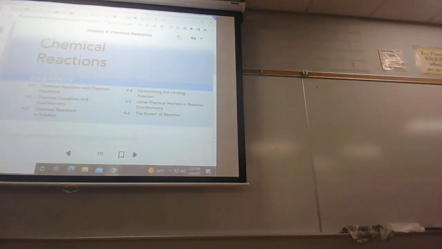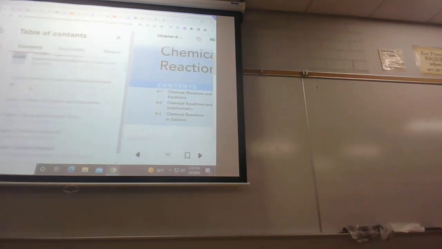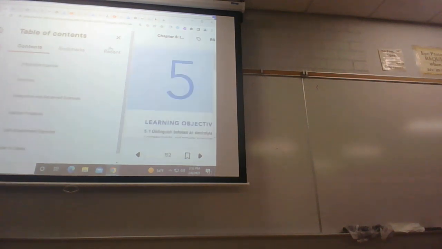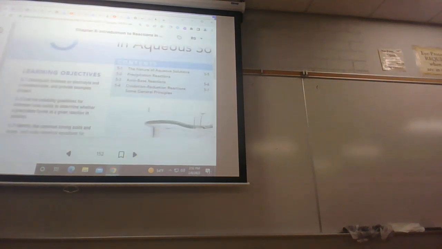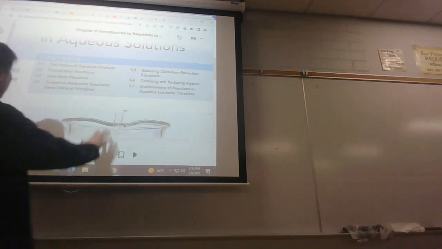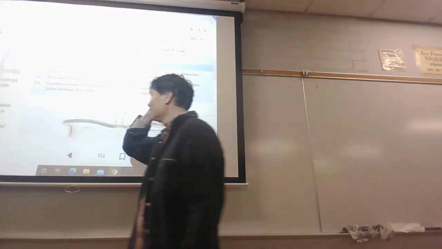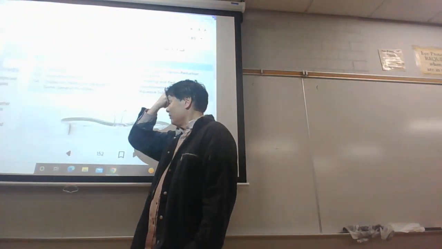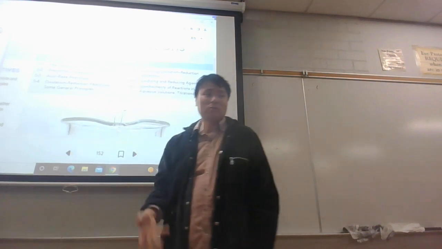But this lab deals with chapter 5, the nature of aqueous solutions, 5.1. When we have an aqueous solution, aqueous just means dissolved in water.